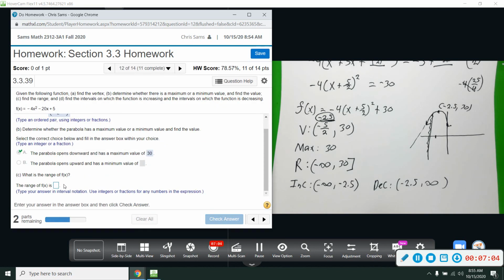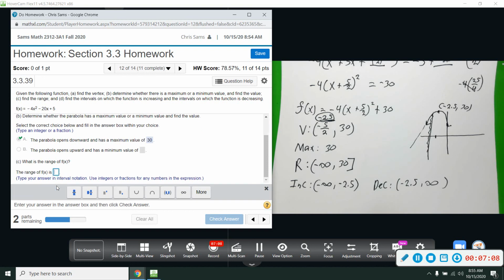What is the range? So the range in interval notation was negative infinity to positive 30. And you put a bracket around that.